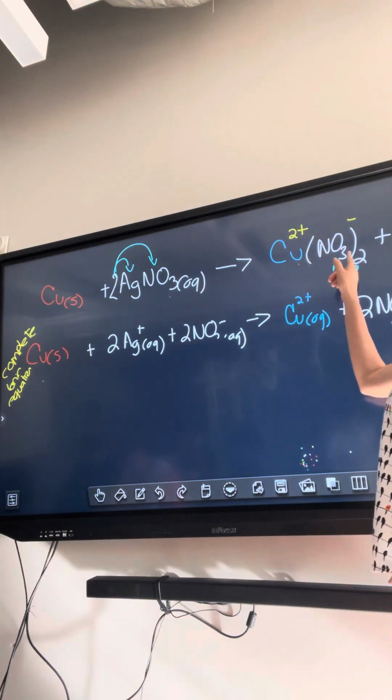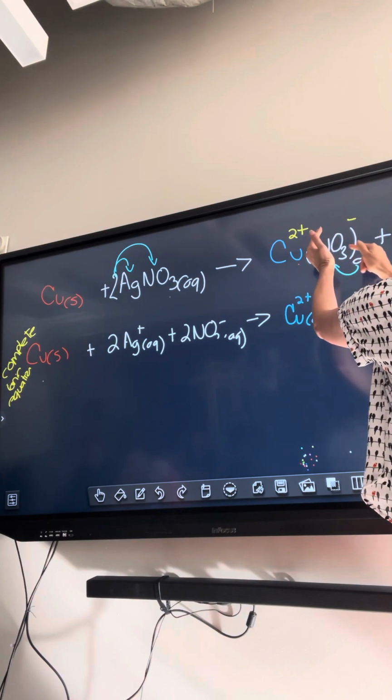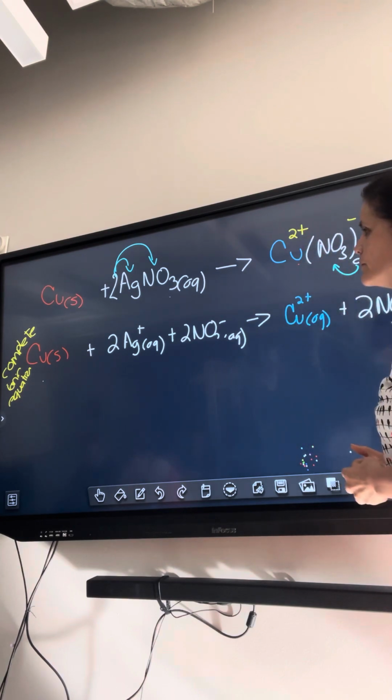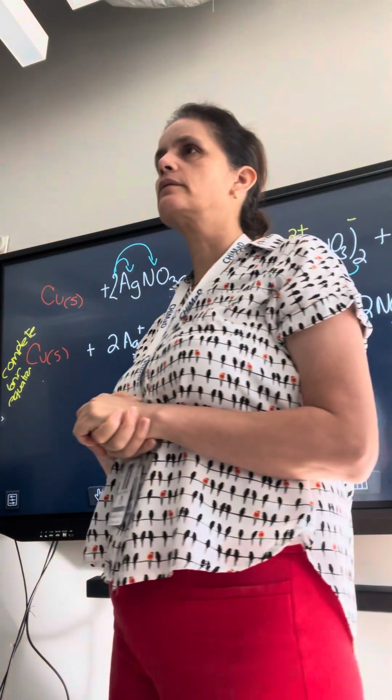So you have 2 nitrogens and 6 oxygens, right? The 2 does not affect the copper because this is outside the parenthesis just for that. Okay with that?